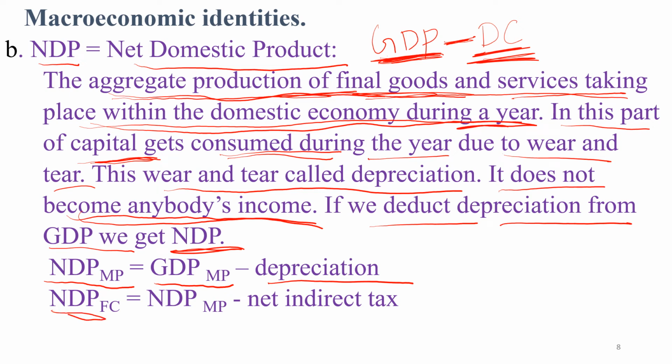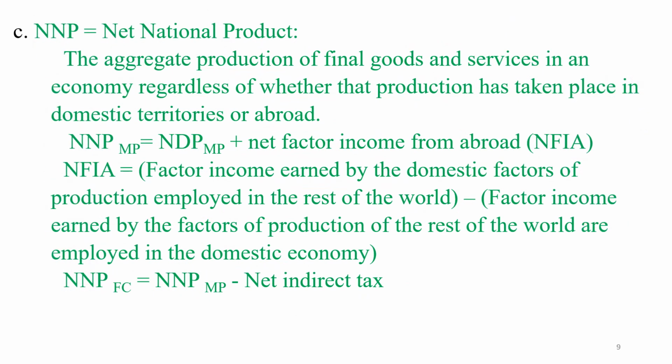So how will you find out the NDP at factor cost? NDP at market price minus net indirect tax. Now let us discuss net national product, NNP. This net national product is equal to GDP. Then we should convert gross into net.